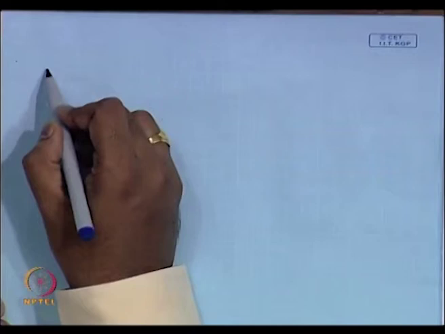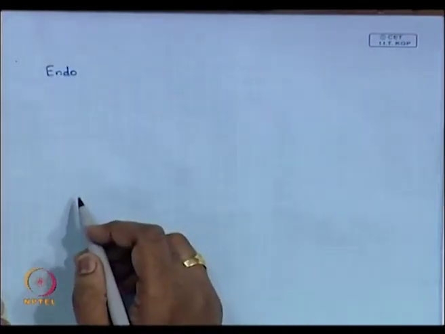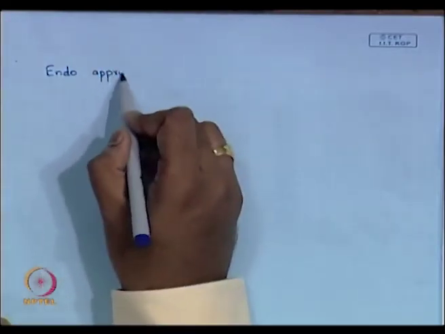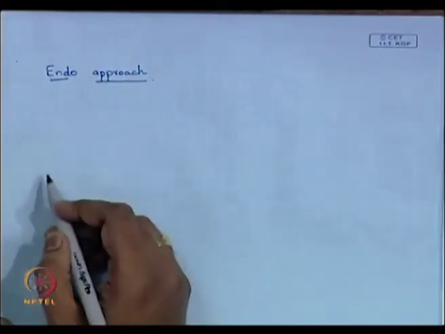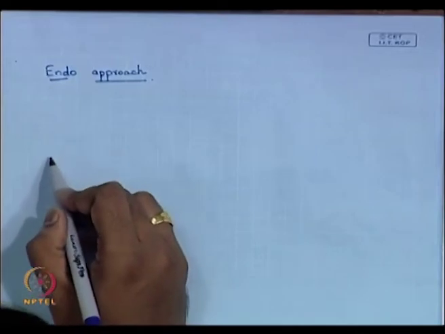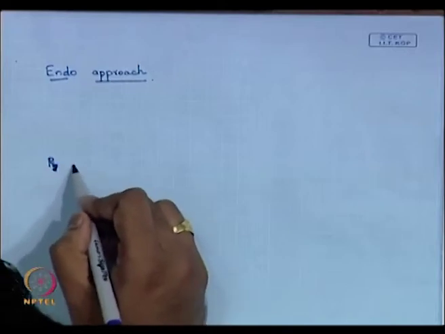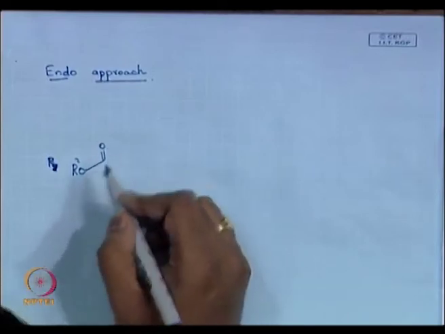So, if we take this and try to understand from the way of the endo approach and exo approach, same reaction, we will see how it is. We will do an endo approach for this reaction. So, we will write for this the endo way. It is my R2O, my carbonyl.